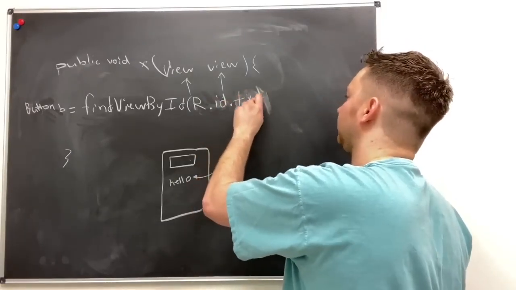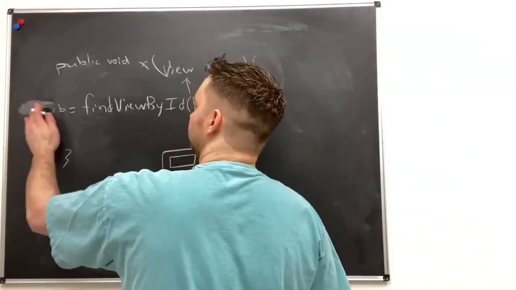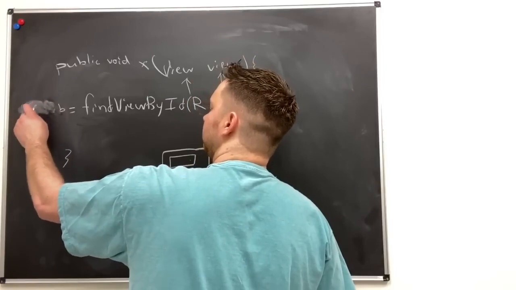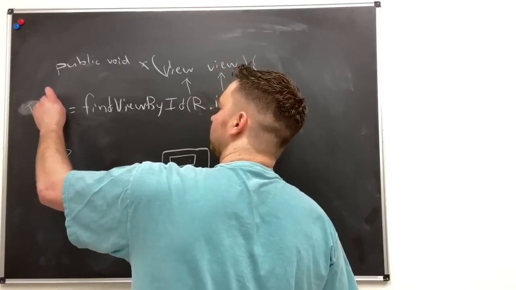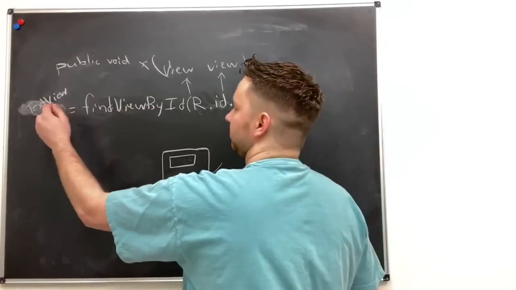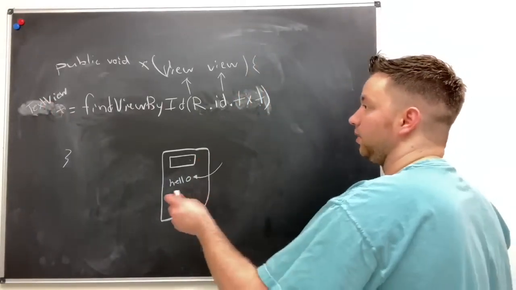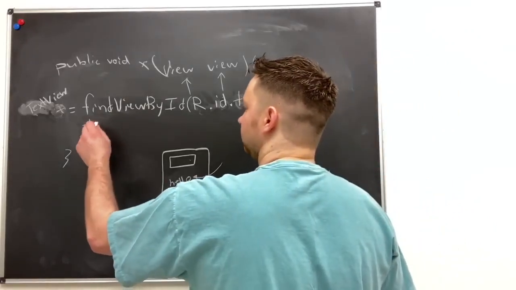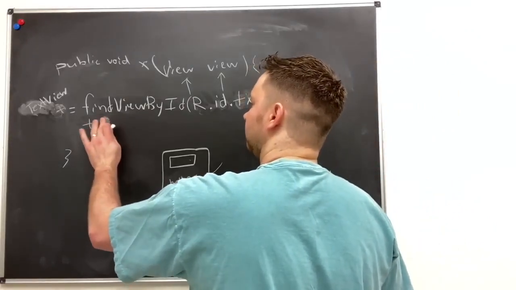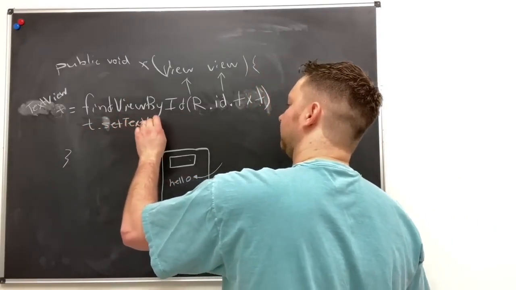So for example, txt. We no longer would be assigning it to a button. We'd be assigning it to a TextView. And we'll see this hands-on in the next episode. We'll probably change the name to something like T, whatever you want to name it. And then you can say T.setText and pass in some value.